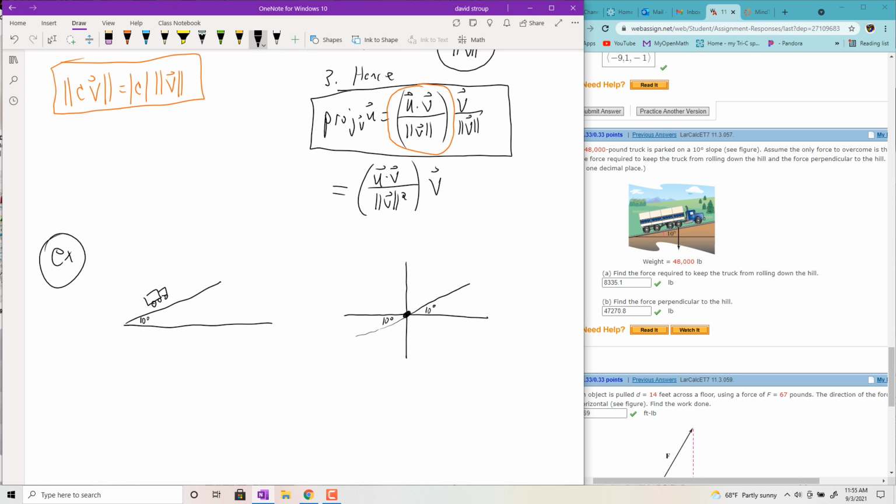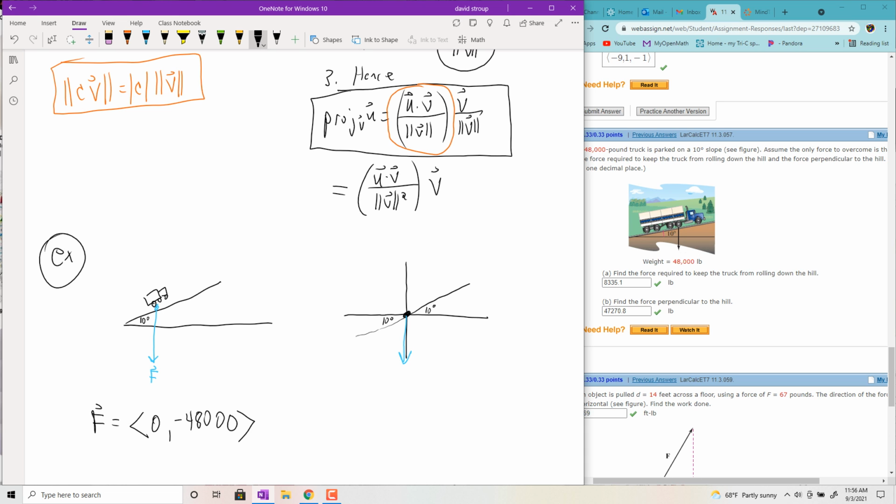The weight of the truck is 48,000 pounds, so this force vector right here on the truck, if we call it F, we can actually write out the vector in its component form. So it's going to be 0, negative 48,000. Okay, so we have the direction, and if we took the magnitude of that, we would get the 48,000 pounds.